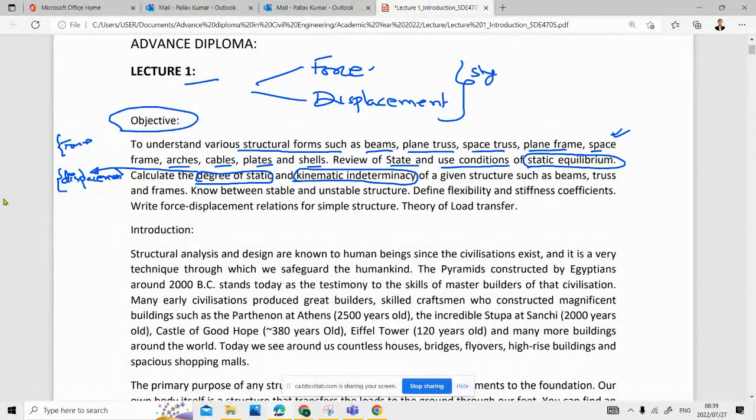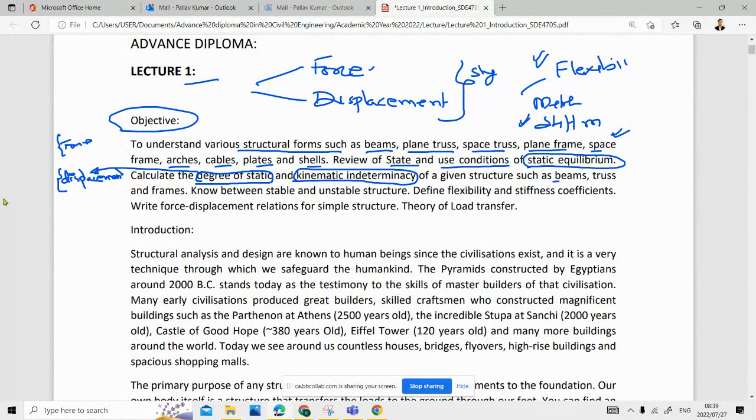So once you find this static criteria and kinematic criteria, you will come across these types of analysis. And if you further advance, you will come across two things: flexibility method, and then stiffness method, right? One is again a force-based method, and the stiffness method is your displacement-based method, right?